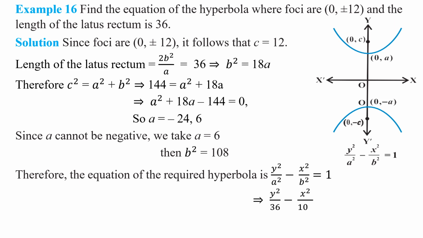So 6 square is 36, minus x square by b square. We found here the b square value is 108. So by 108 is equal to 1. Understood this step, my children? Right. This implies 3y square minus x square is equal to 108. By rewriting the equation of the hyperbola, finally we get 3y square minus x square is equal to 108. Understood this step, my children? Right.